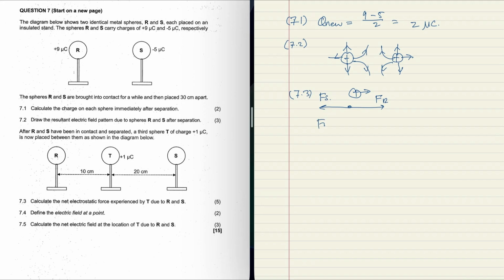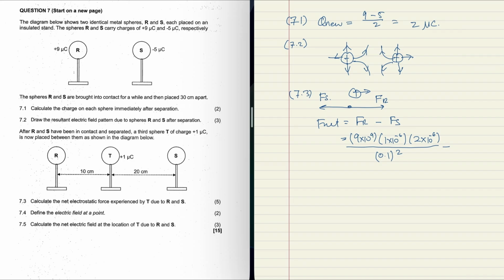So F net is going to equal the force of R minus the force of S. The force of R is going to be k Q1 Q2 over r squared. So 9 times 10 to the 9 times 1 times 10 to the negative 6, then 2 times 10 to the negative 6 over, they are 0.1 meters apart, so squared.